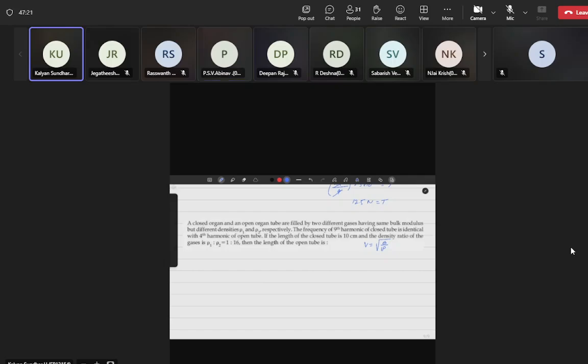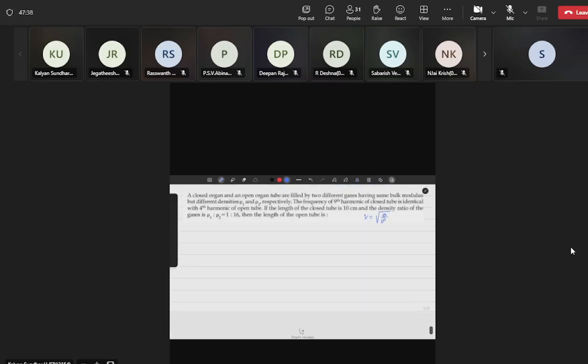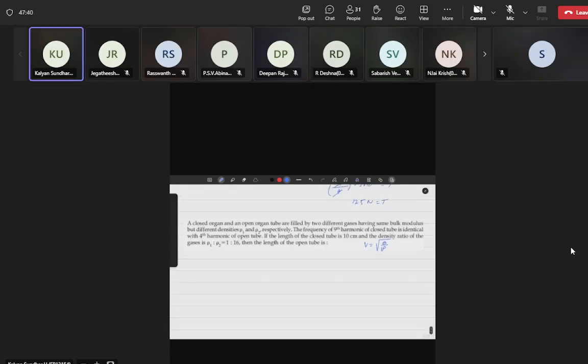Okay. The frequency of the ninth harmonic of the closed tube is identical to the fourth harmonic of the open tube. The length of the closed tube is 10 centimeter and the density ratio is given. They are asking for the length of the open tube. So what is the expression for the ninth harmonic of the closed tube? 9V by 4L of the closed pipe, correct?